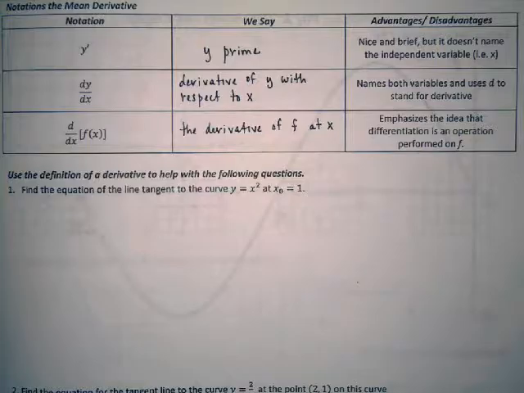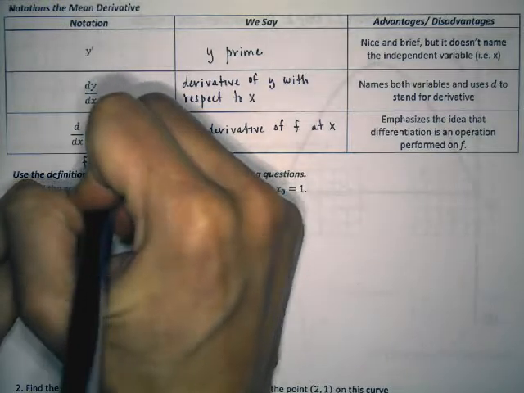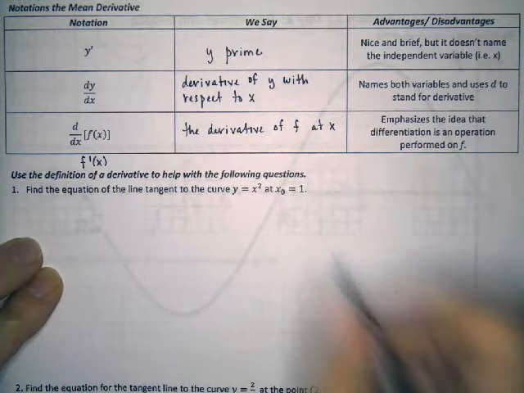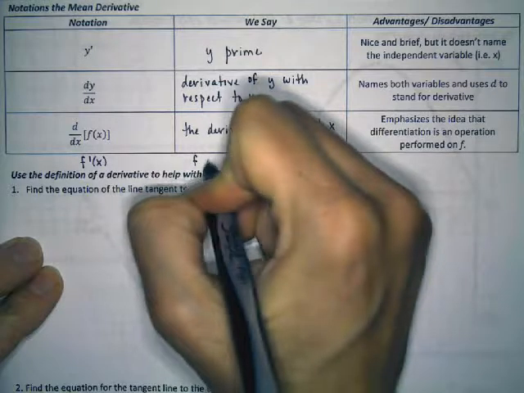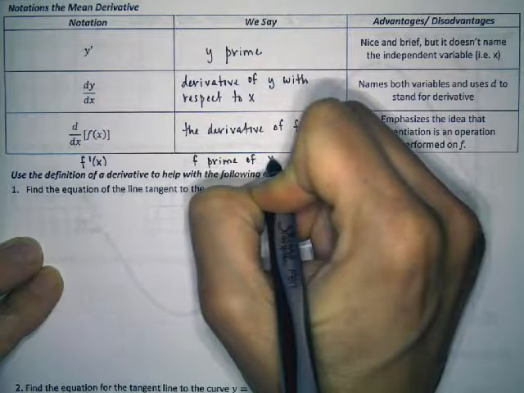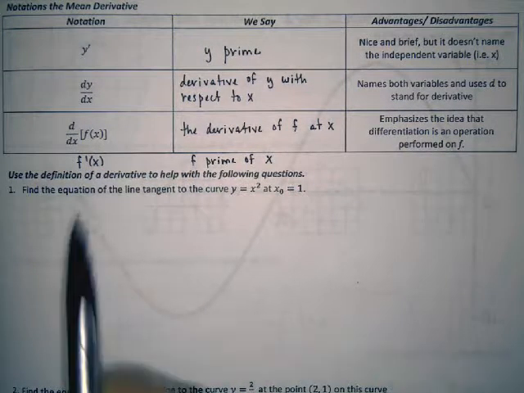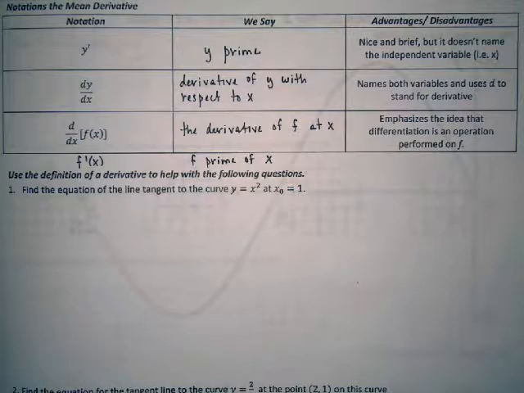Now, one I would add here, and probably one that you'll see fairly frequently, will look like this. We read that as f prime of x. What that tells us is that we're taking the derivative of our function f.